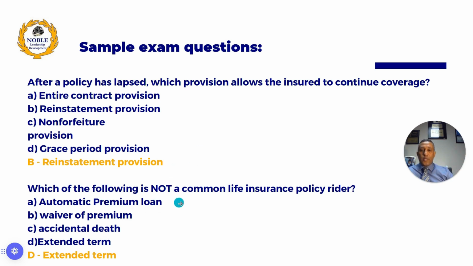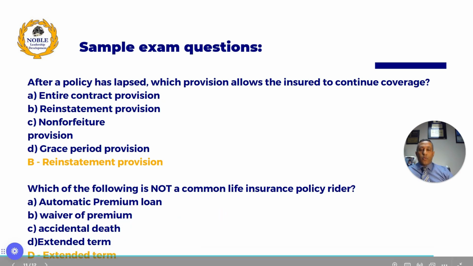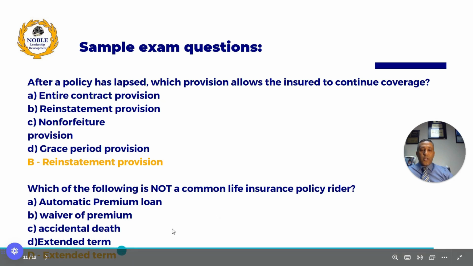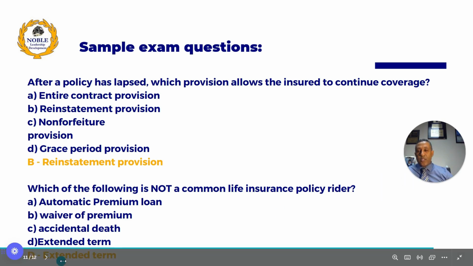Which of the following is not a common life insurance policy rider? Automatic premium loan, waiver of premium, accidental death, extended term. Extended term is not a rider. It's a cash dividend option, but it's not a policy rider.